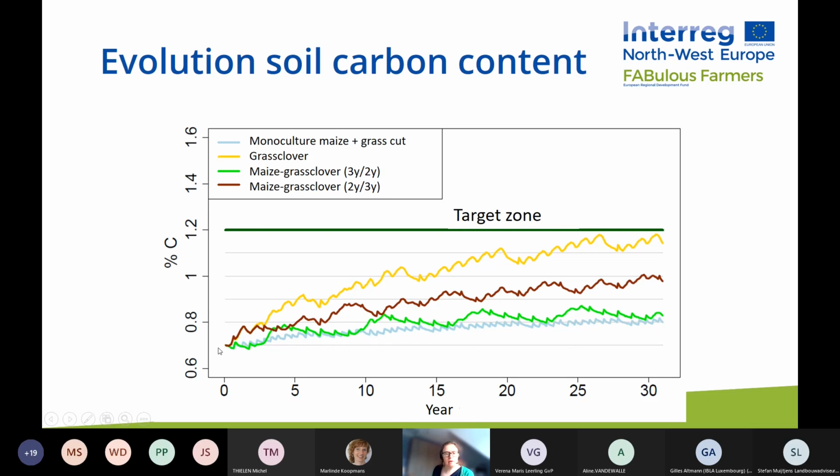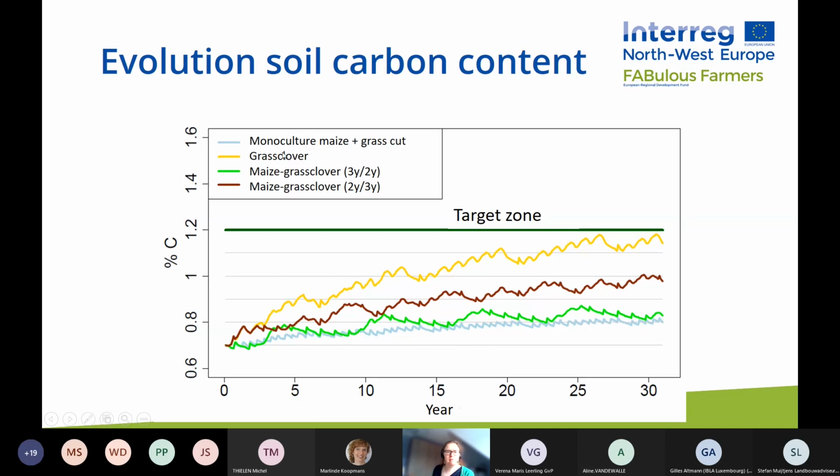The blue graph is the monoculture of maize combined with grass as a cover crop, where we take one cut of the grass. And then you see that you can raise the carbon content, but not that much in 30 years.